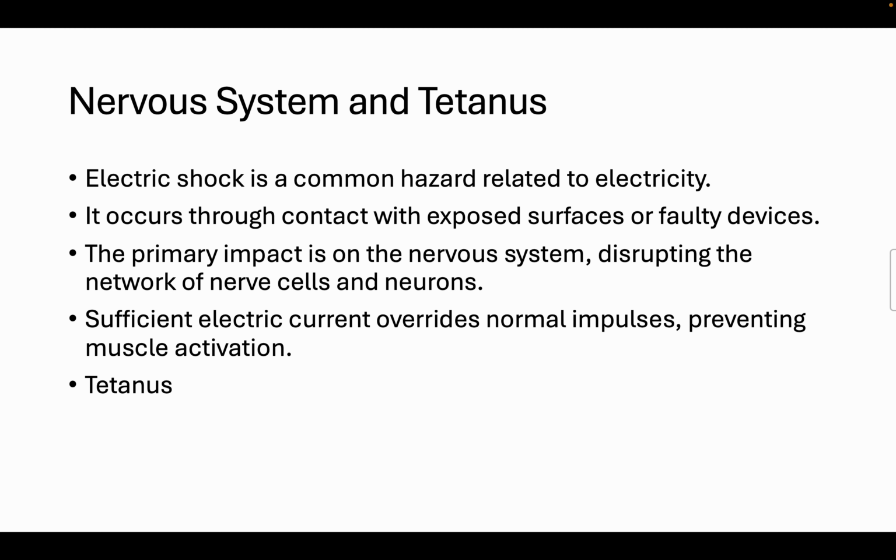So one physiological effect of an electrical shock is tetanus. Tetanus is when our muscles respond to an energized live conductor and we're unable to bend our fingers and unable to let go of the wire.